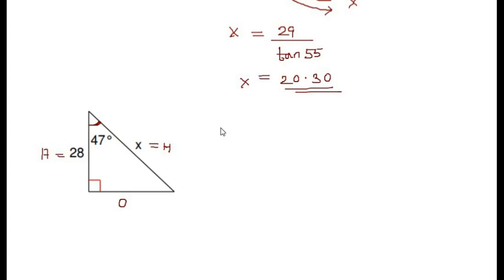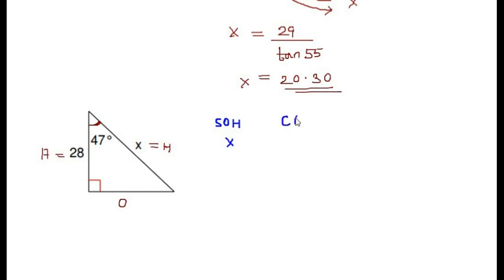So let us check if we can use the SO. If you are using the sine, we need the opposite, which we do not have, it is not given in the question, and we need the hypotenuse, which is also the missing side. So we have two unknown variables here, so there is no point in using the SO.